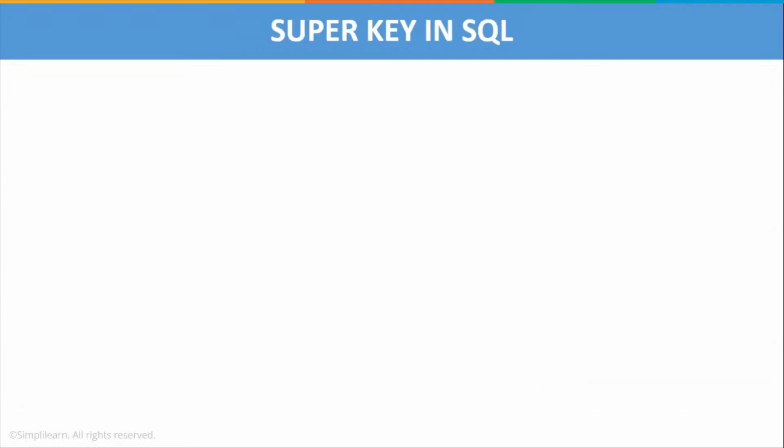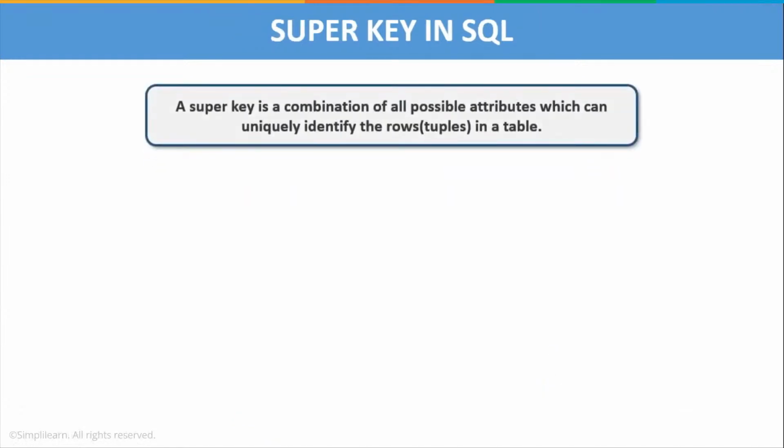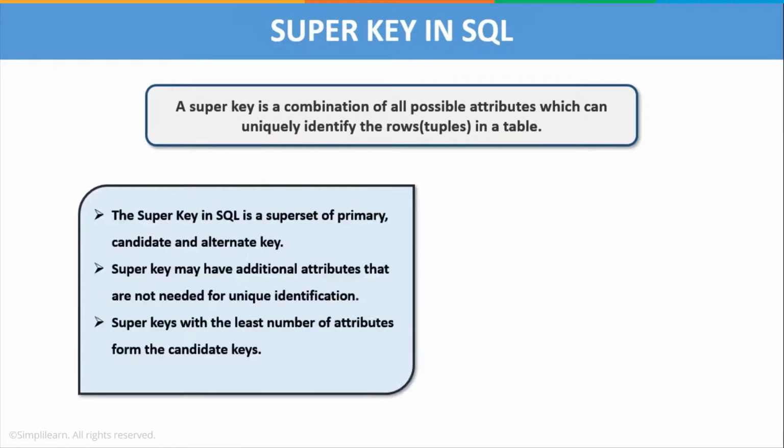Next, let us discuss the super key in SQL. Super key is another important key that is used day-to-day in SQL databases. A super key, or simple key, is a combination of all possible attributes which can uniquely identify the rows or tuples in a table. That means that a super key may have some extra attributes which aren't necessary for uniquely identifying the rows in the table.